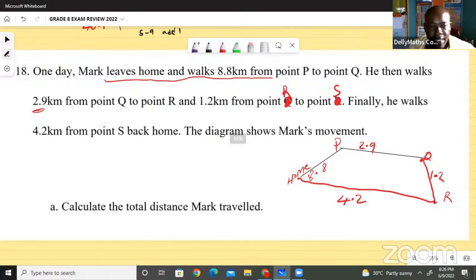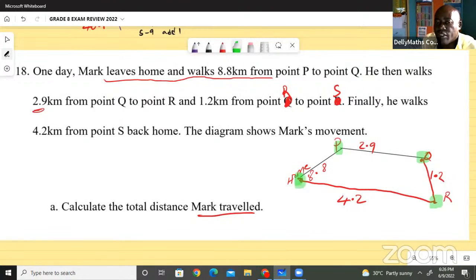Then now, the question says, calculate the total distance Mark traveled. The total distance Mark traveled is simply adding up all the movements. He left home and went to P. Then he left P and went to Q. He left Q and went to R. And then from R, he went back home.